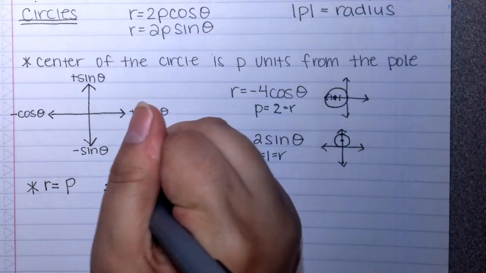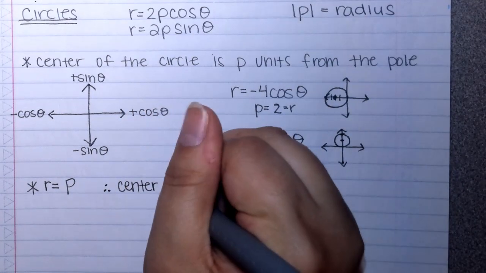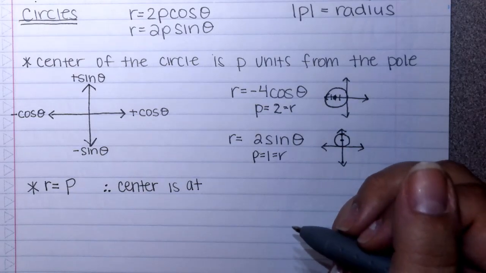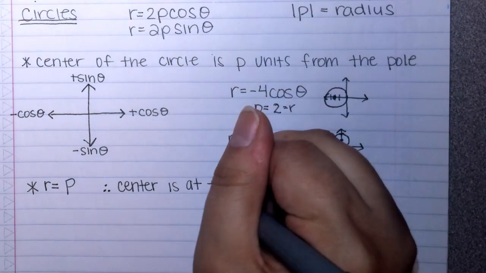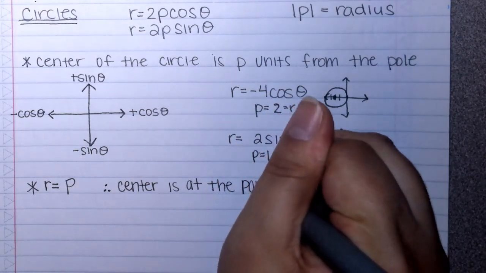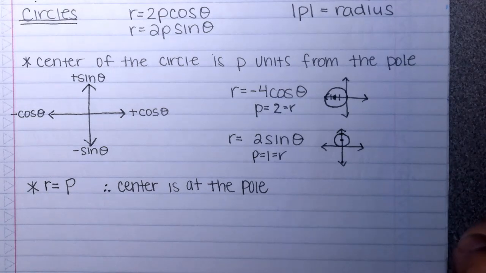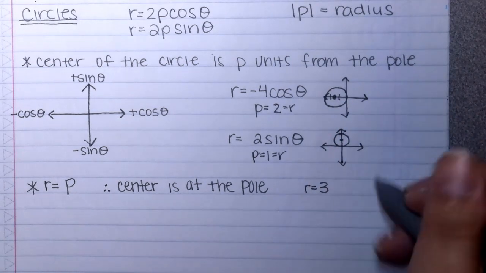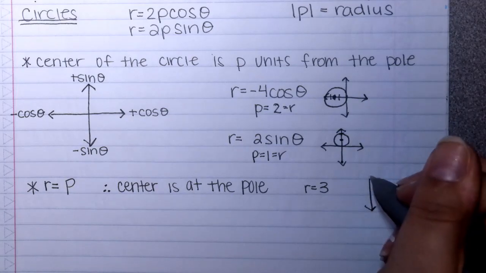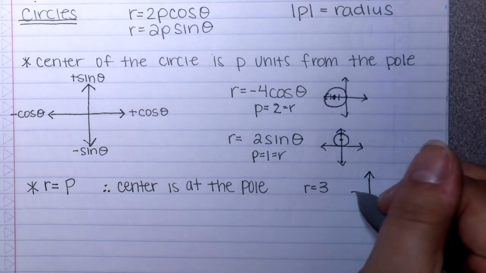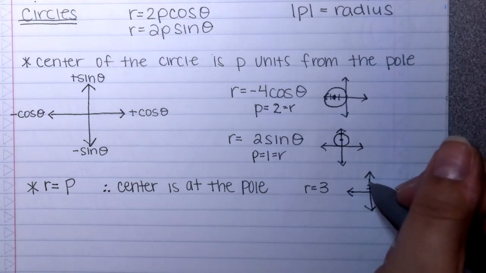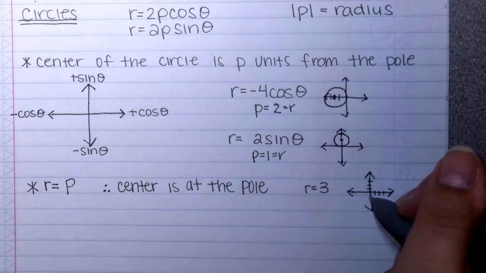The center is at, we don't call it origin, what do we call? The pole. So like if you have R equals 3, you would have 1, 2, 3, 1, 2, 3.